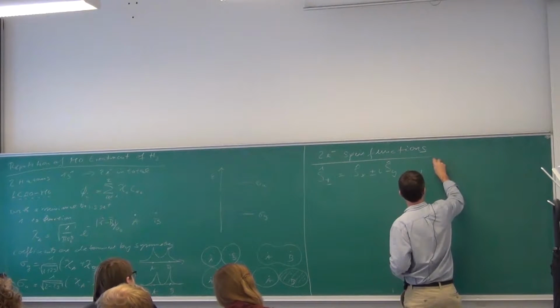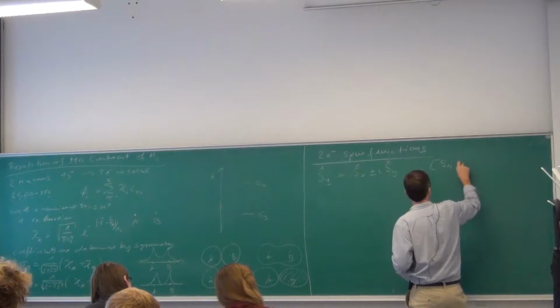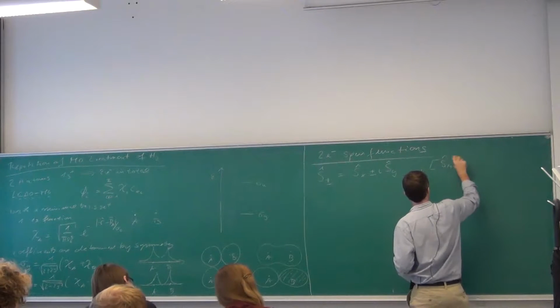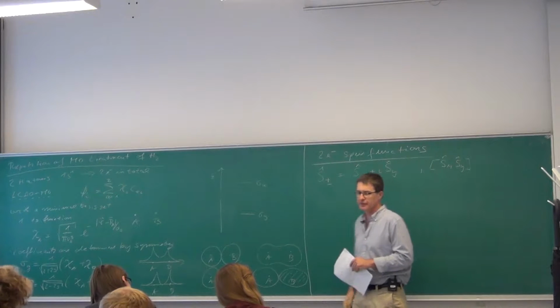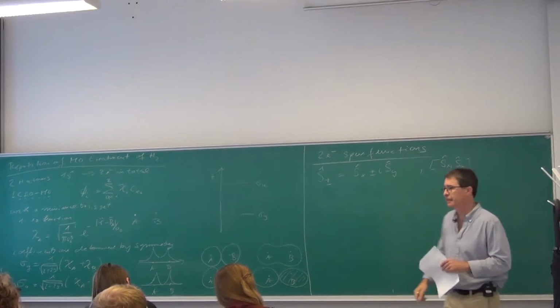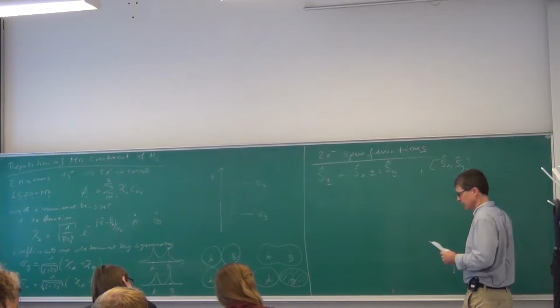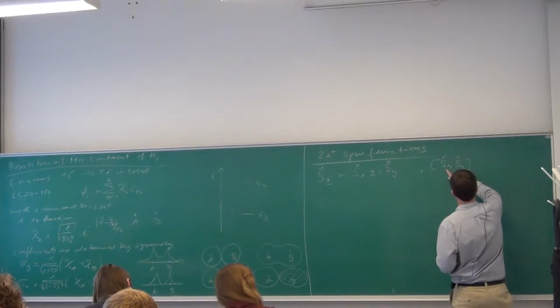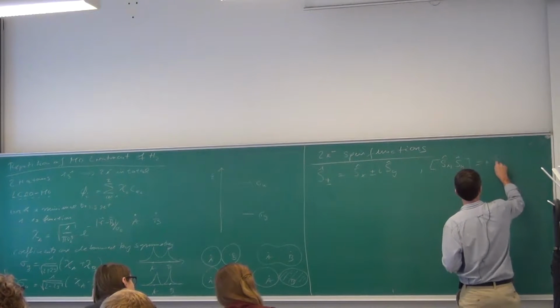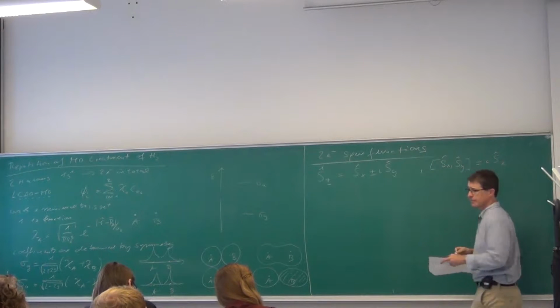And that is all necessary because we know that the different components of the spin operator don't commute. So the commutator of Sx and Sy is actually i times Sz.